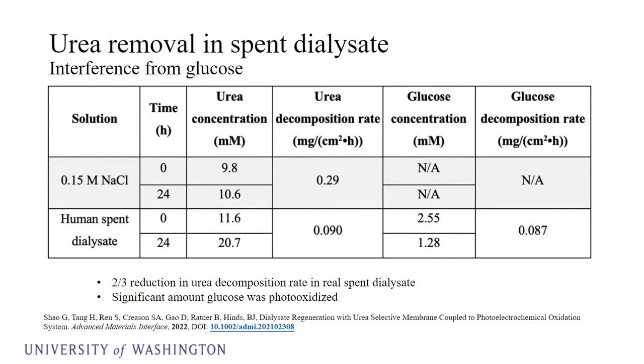But when we switched to human spent dialysate, we found that urea decomposition rates dropped very significantly to 0.09. At the same time, there's an increase in glucose decomposition rate to 0.087. So that's a 2/3 reduction in urea decomposition rate, and presumably the photocurrents that were originally used for urea decomposition ended up decomposing the glucose.